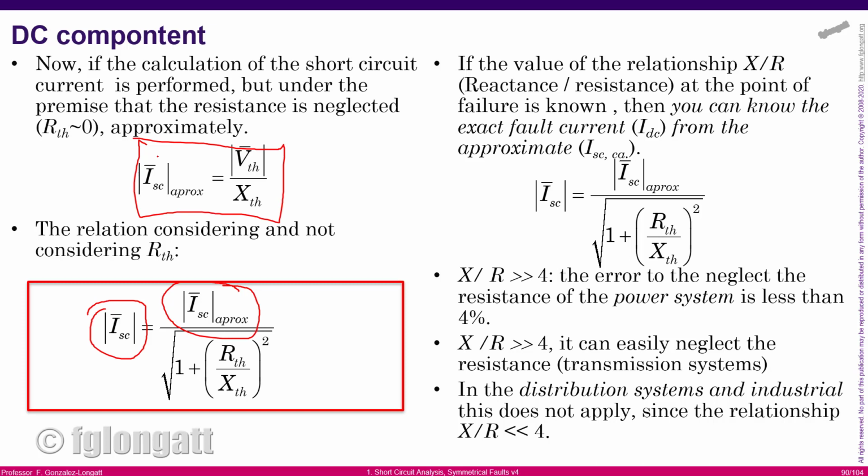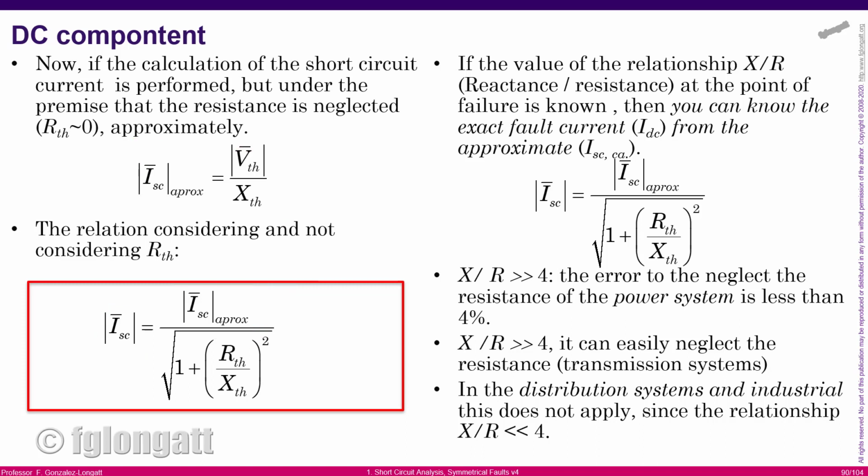Then we modify this approximation considering the term in the denominator, which allows me to correct my simplified calculation and make it resemble the real asymmetrical short circuit current. Let me clean here for a minute.